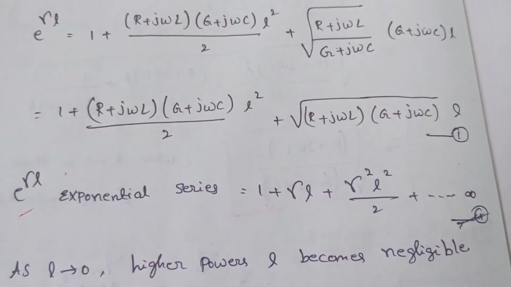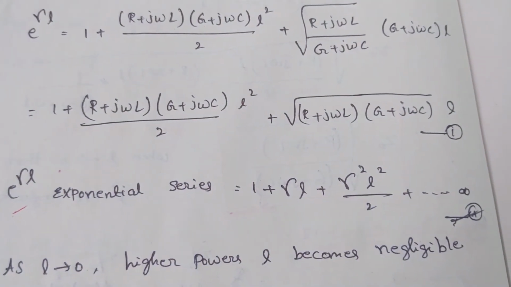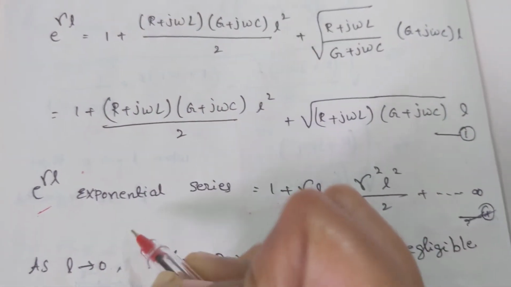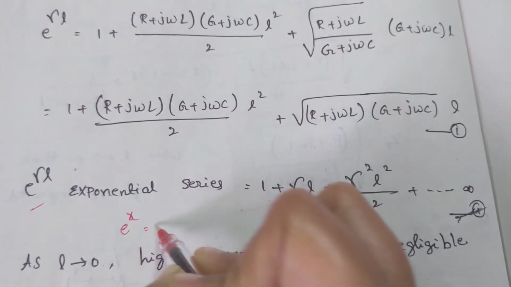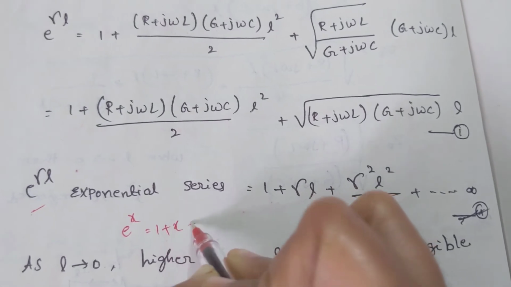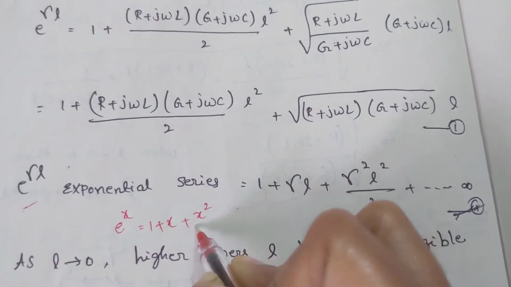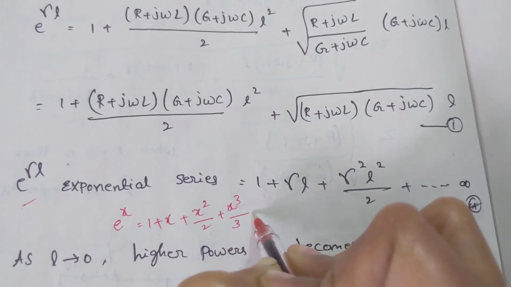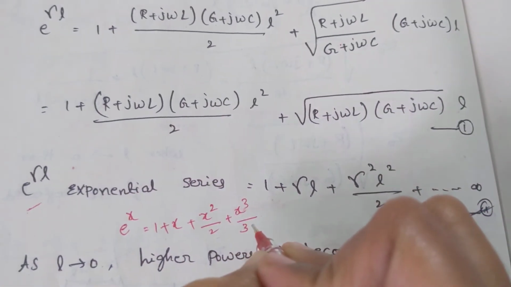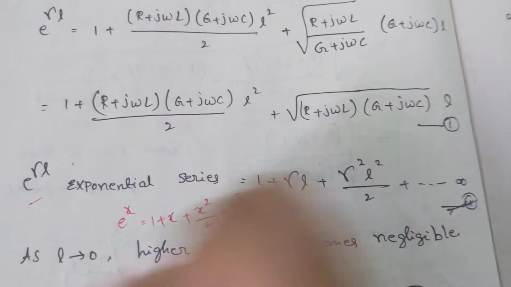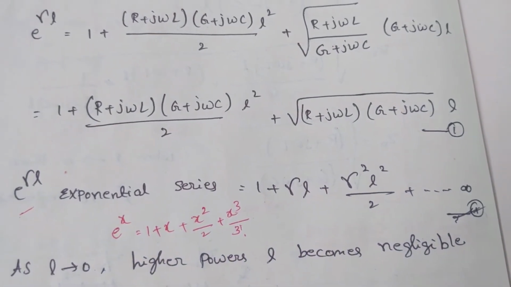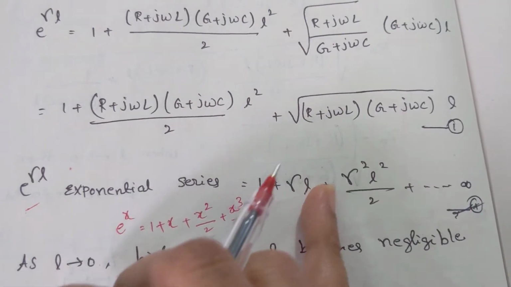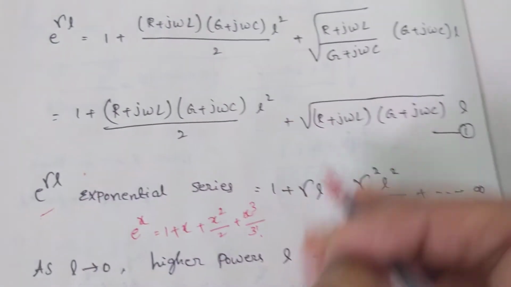Similarly, the exponential series, e power x, equals 1 plus x plus x square divided by 2 and x cube divided by 3 factorial, and so on. So replace x with gamma L and find the infinite series.